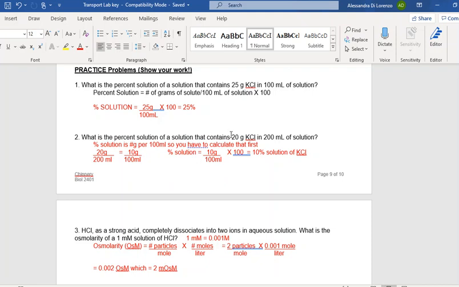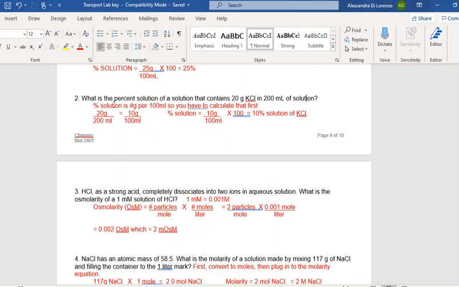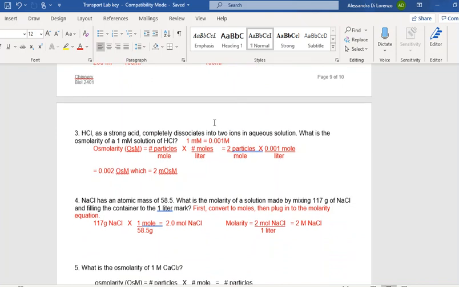Some of you may be able to do this kind of calculation right away without doing all of this. HCl is a very strong acid. It completely dissociates into two ions in aqueous solution. What is the osmolarity of a 1 millimolar solution of HCl?